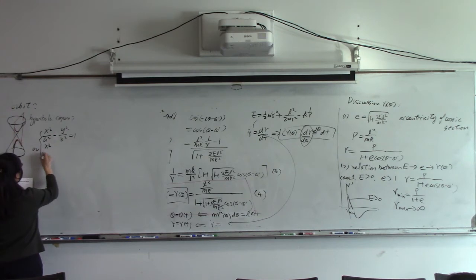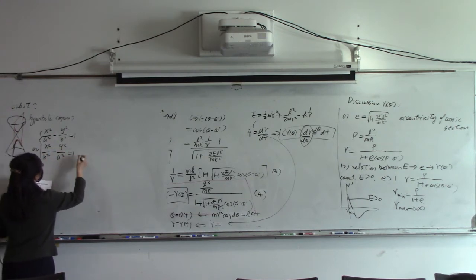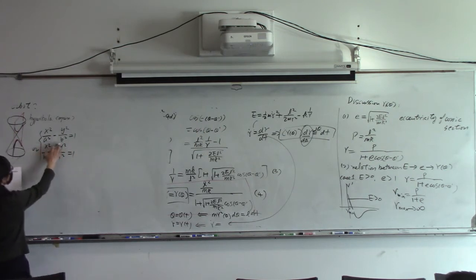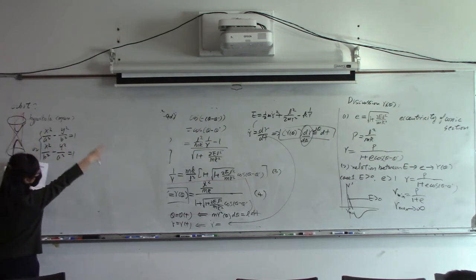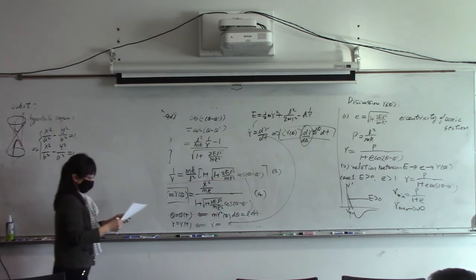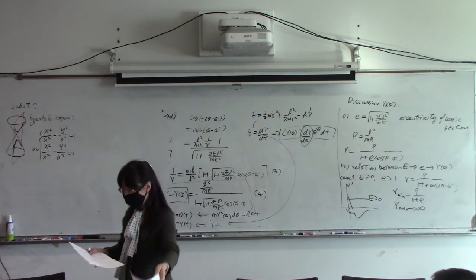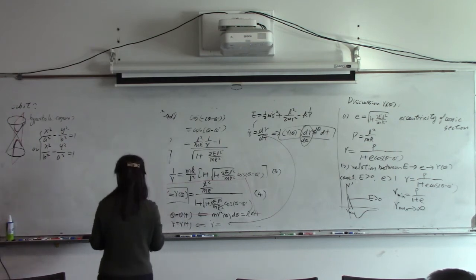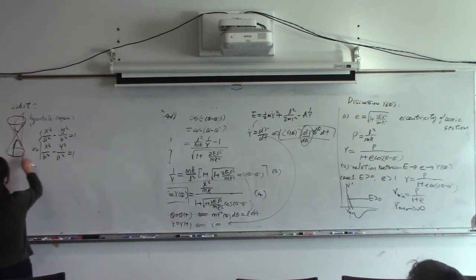This one depends on a: if a is larger than b, then the curve opens either west and east, or top and down. So you see, we have a more detailed expression for the orbit.